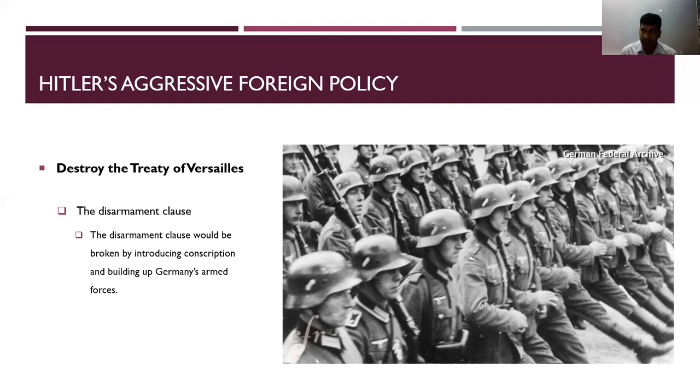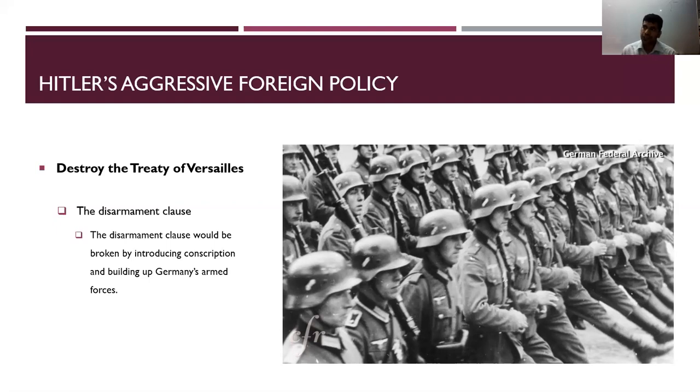They have the guns as well. You can see that you have soldiers as well as weapons.